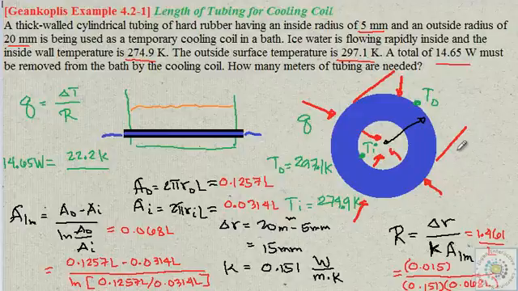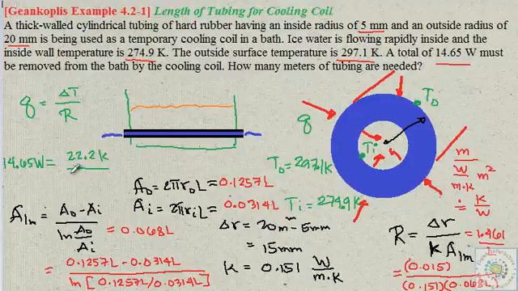Delta R will be in meters, K will be in watts per meter Kelvin, and the area will be in meters squared. Essentially, what will we have? We'll have Kelvin over watt. The resistance will turn out to have a unit of Kelvin per watt.